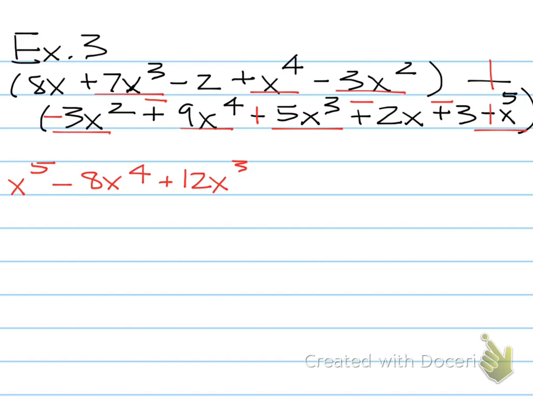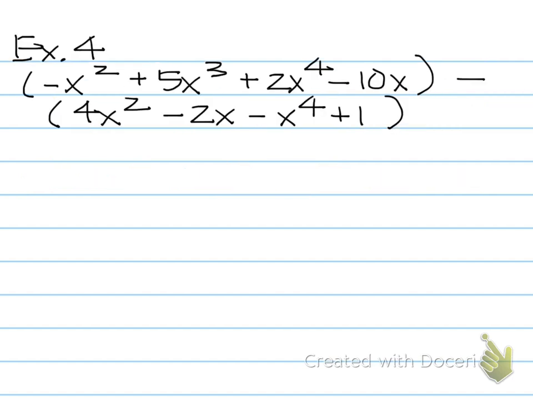Then the x squared terms, negative 3x squared minus 3x squared is negative 6x squared. The x terms, 8x minus 2x is 6x. And then lastly is the constants. Negative 2 minus 3 is negative 5.